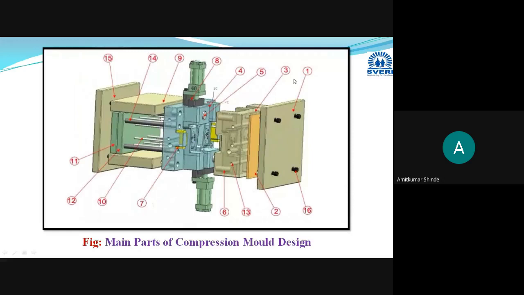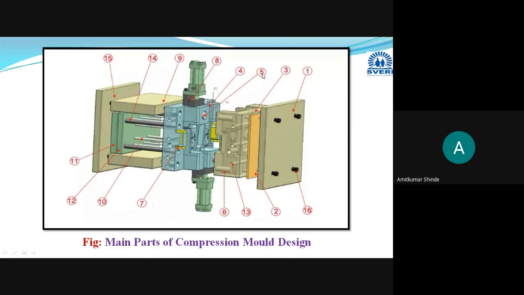This is the diagram and numbering is provided here, and according to these numbers we have discussed the parts and functions. This is part number one, top clamp plate. Then this is the thermal buffer, or thermal insulation board. Then cavity plate. Then part number four, core plate.